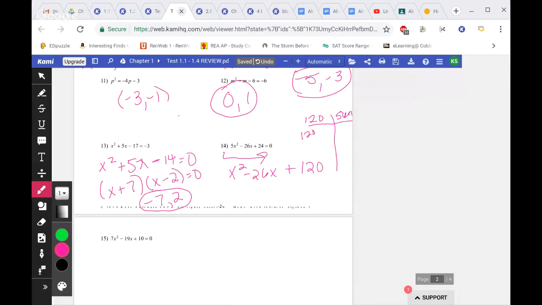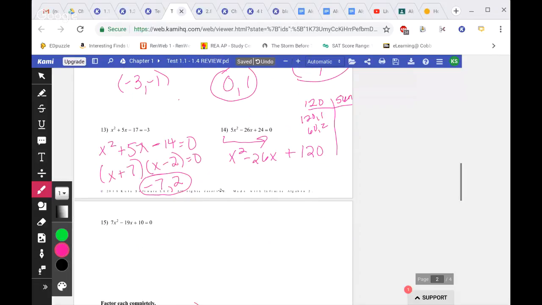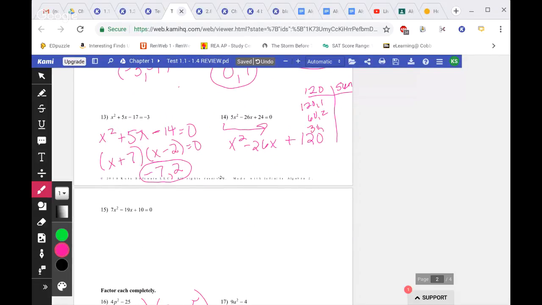So 120 and 1, 60 and 2, 30 and 4, which if I do 30 minus 4, I'm going to get 26 and negative 26. So there it is. That's the one we want. So we've got x minus 30 and then x plus 4.